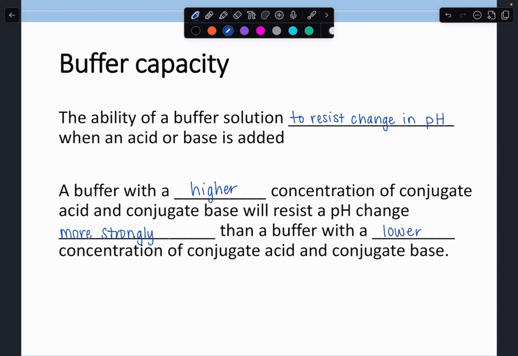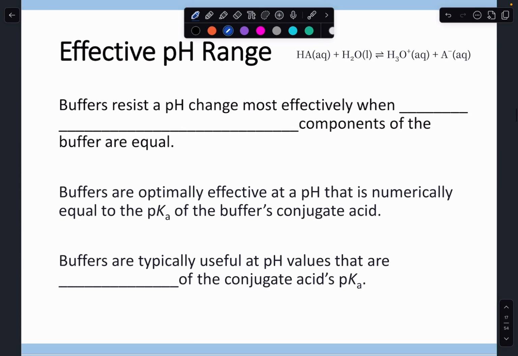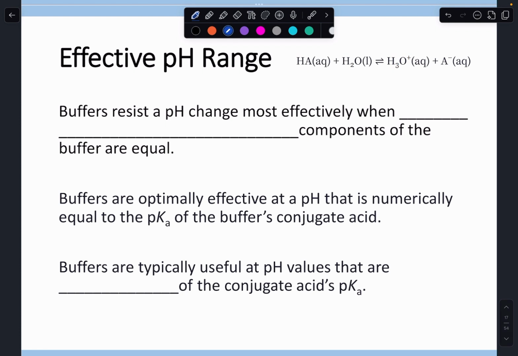So higher concentration of acid and conjugate base will resist change in pH better than a buffer with lower concentrations. Also, buffers resist pH change most effectively when the concentrations of acid and its conjugate base are equal.